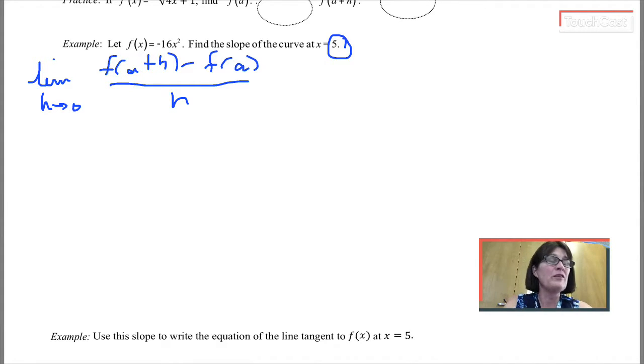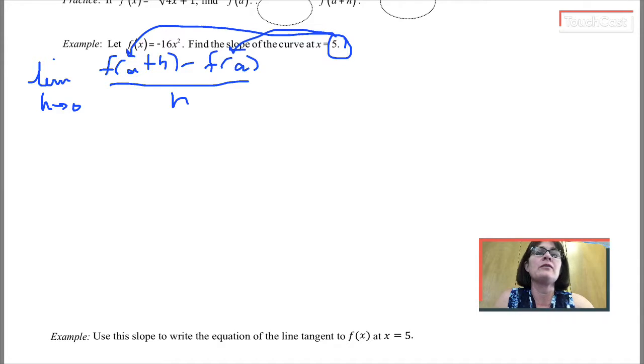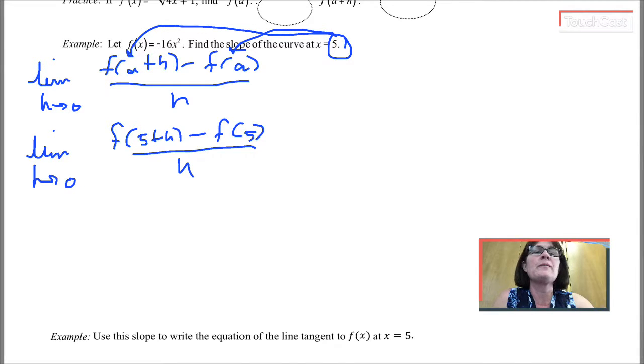But we've been told the x value that we want to find the slope at, so that's our a. We're going to replace all our a's with 5s. So it's going to be the limit as h goes to 0 of f of 5 plus h minus f of 5 all over h.